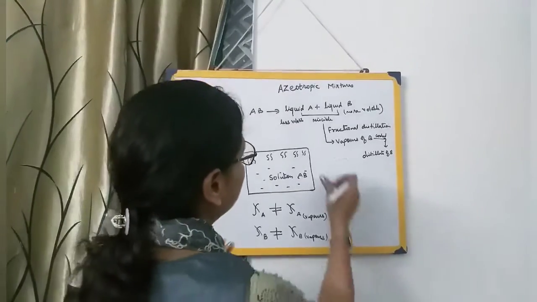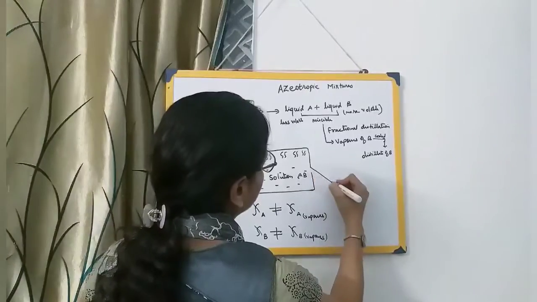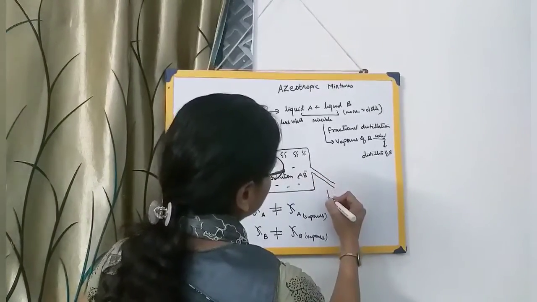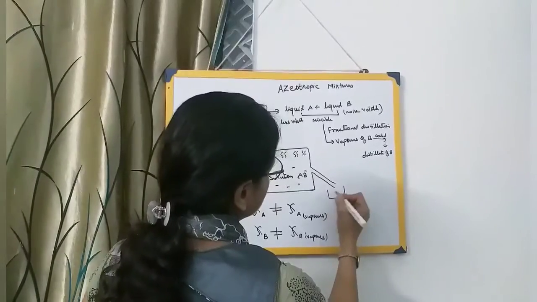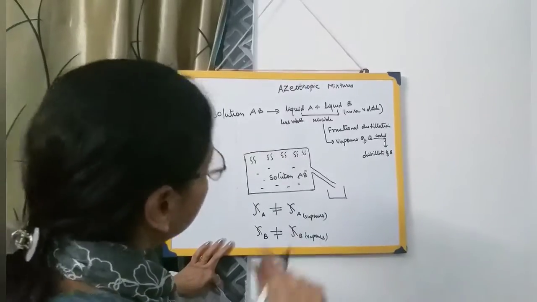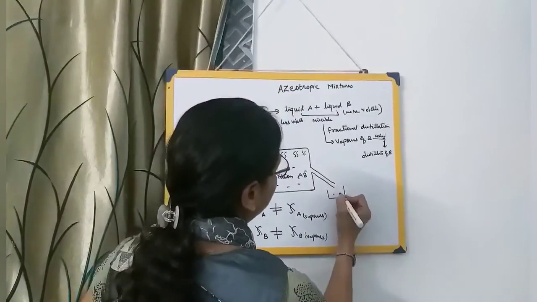Hence if we connect it to a condenser or any container, let's consider for simplicity another container over here, the more volatile liquid, for example B, we will be getting over here.